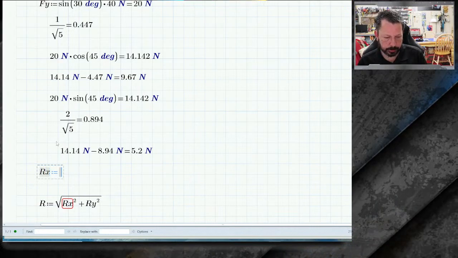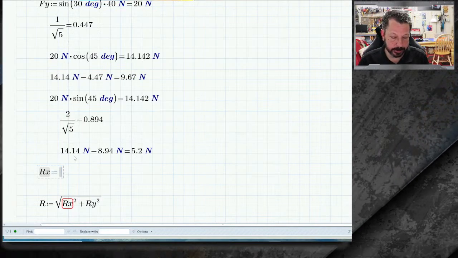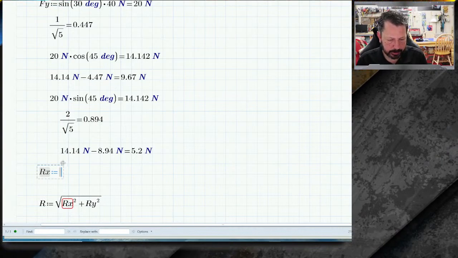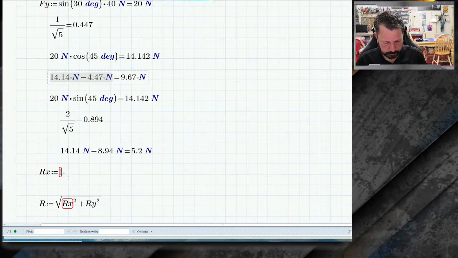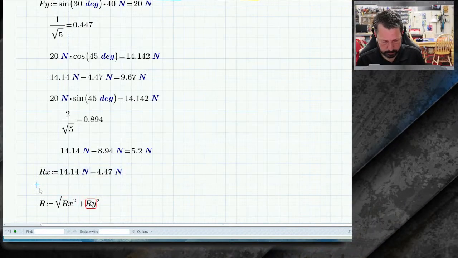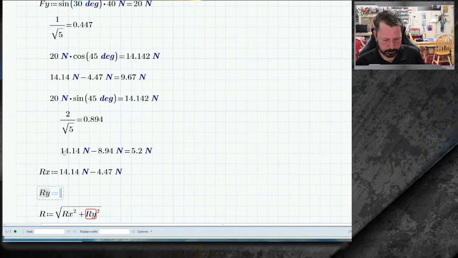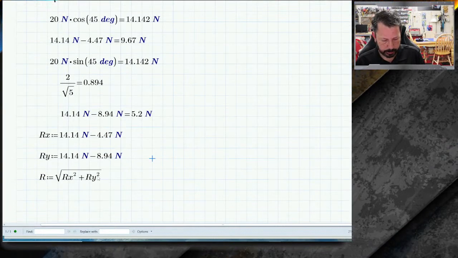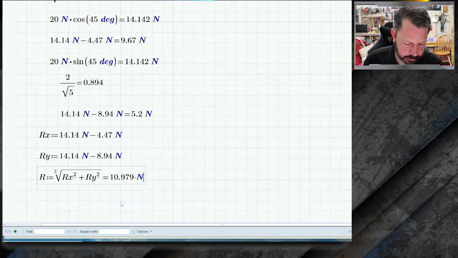Rx was equal to, we wrote it down. If we'd been more careful about writing our numbers down instead of just using it as a calculator, then we would have had it already. But Rx was this guy right here. And Ry was this one. And then R is 10.979 newtons.